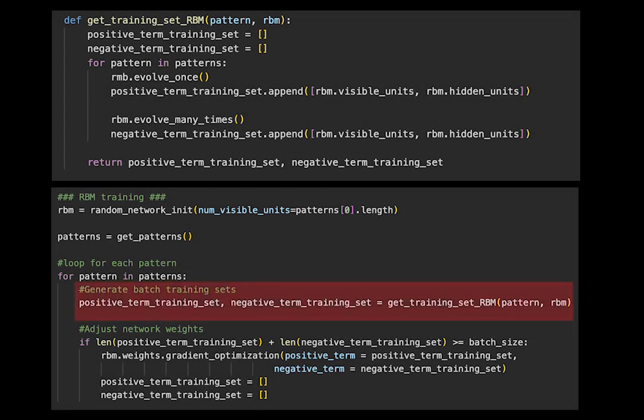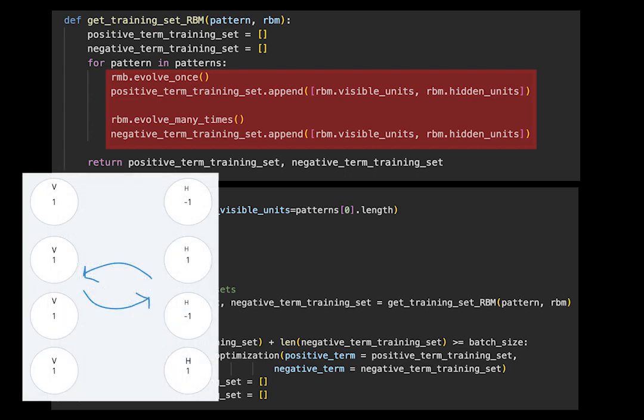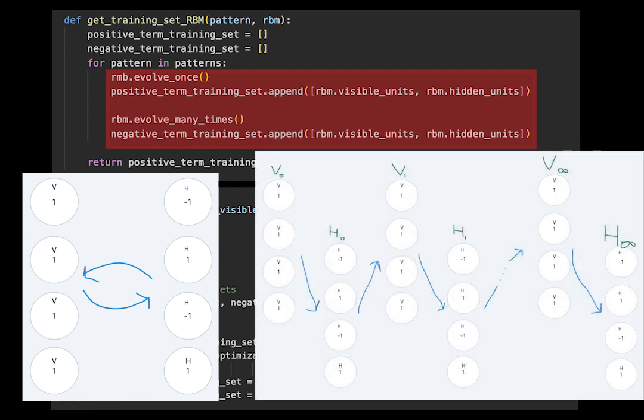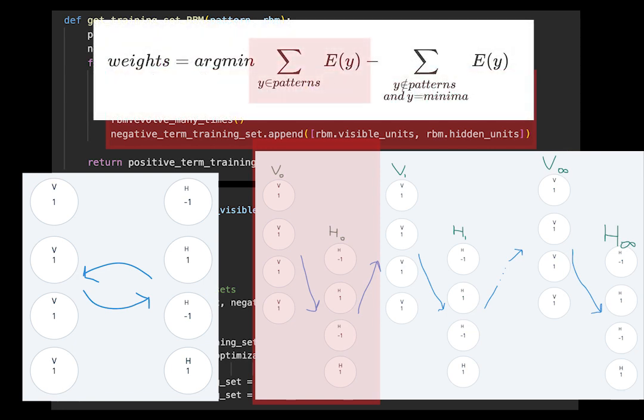In its one and only training phase, we initialize the visible units to the pattern and the hidden units randomly. We next apply Gibbs sampling to the network, in which we iterate back and forth between minimizing the energy for either layer. Note that we start by adjusting the hidden neuron values first. This actually gives us the visible hidden value pair for our first term.